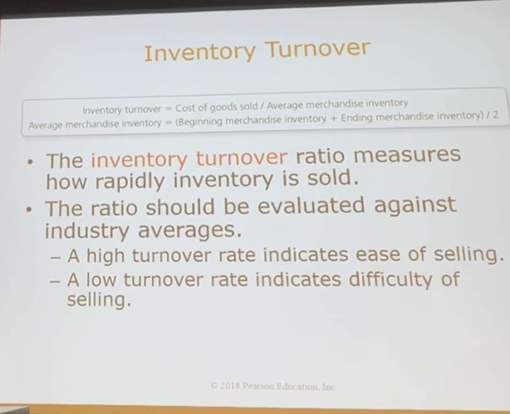So the formula for the inventory turnover ratio is you take cost of goods sold divided by the average merchandise inventory. And when we say average merchandise inventory, we take the beginning inventory plus the ending inventory and then divide by 2 to get a simple average. And in a couple minutes, we'll look at examples of these ratios for Kohl's Corporation.